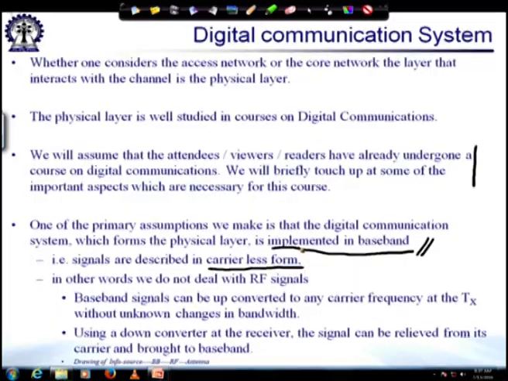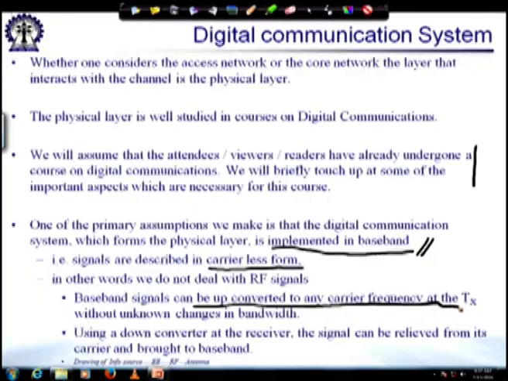This is achieved because we can assume that the baseband signals can be up converted to any carrier frequency at the transmitter without unknown changes in the bandwidth. That means when we do conversion from baseband to RF or the passband, we know what kind of changes in bandwidth occur, and we can easily translate from baseband to passband without surprises.